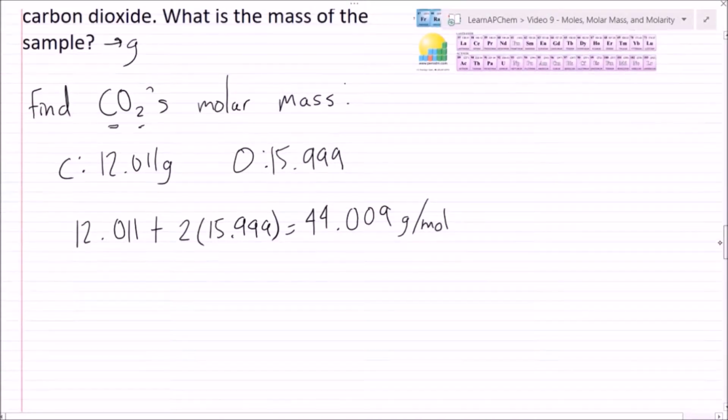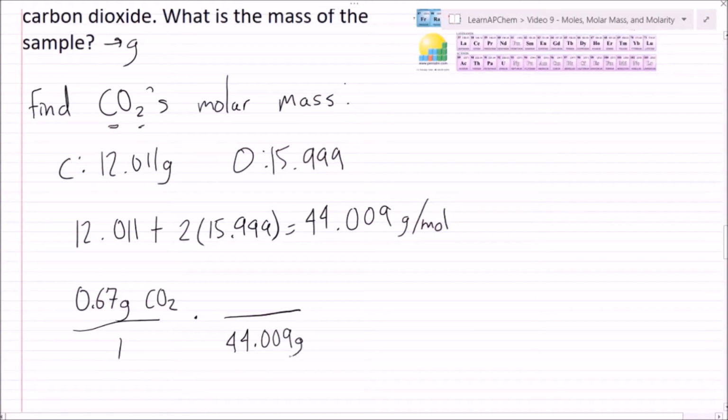Okay, so I know that I have 0.67 moles of CO2, and that I have 44.009 grams of CO2 for 1 mole of CO2. Again, that's just what the molar mass is.